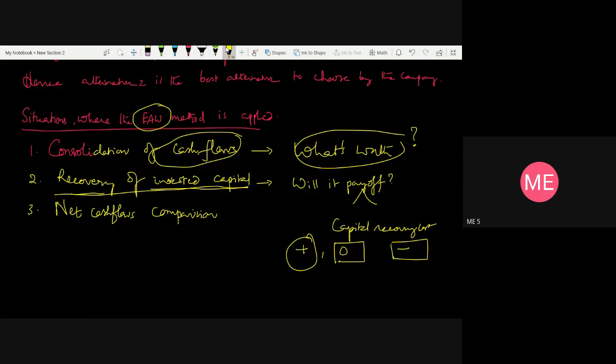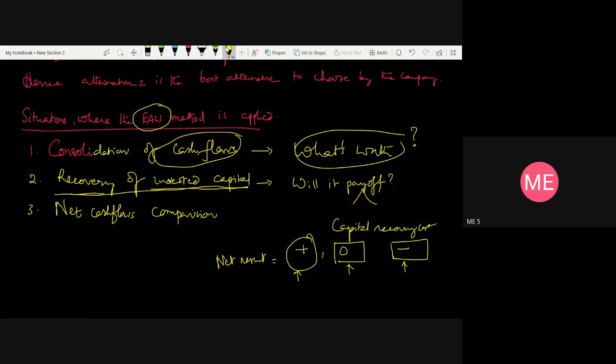So once you get the net result, if the net result is positive, you are profitable. If the net result is zero, then it is adequate, and if the net result is negative, then we can say it is a loss. Based on that, we can find out.